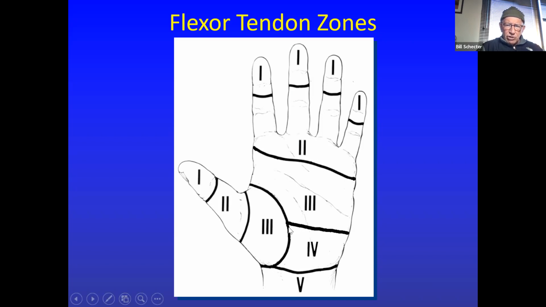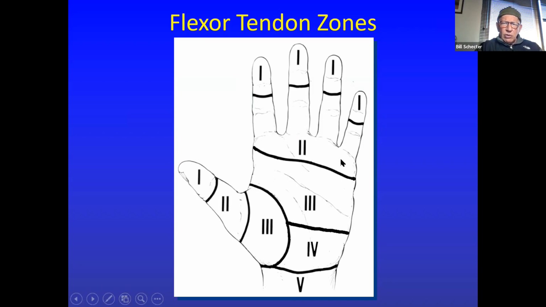In other words, a tendon injury within the carpal tunnel. Zone 2 is what used to be called no man's land. We'll talk about that in a moment. That's a tendon injury occurring within that fibroosseous tunnel, where you have both the sublimus and the profundus tendon gliding, almost entangled, one within the other.